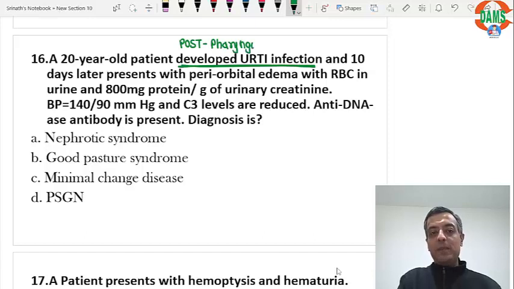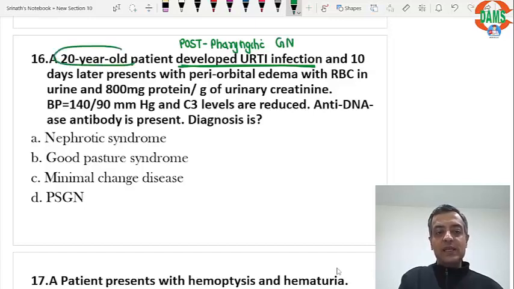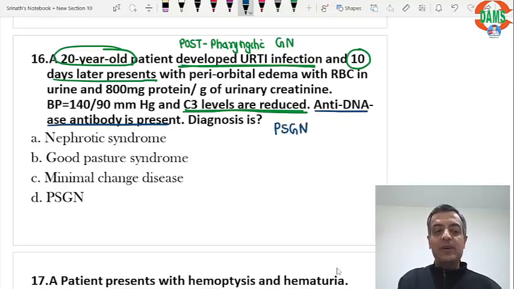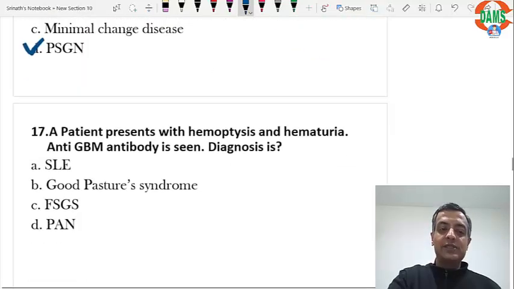But the patient is young and the problem occurred 10 days after the event, and the complement levels are reduced with anti-DNase positive. This favors the diagnosis of post-streptococcal GN.